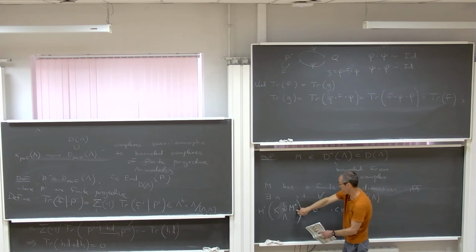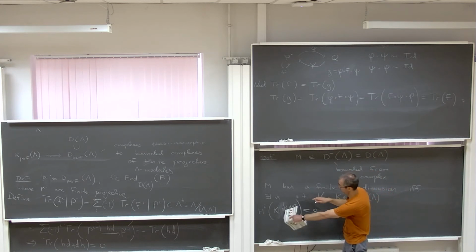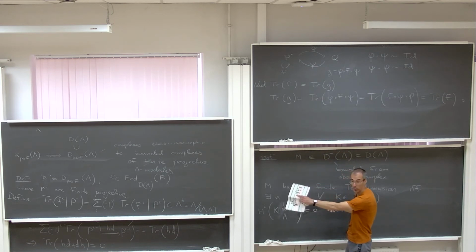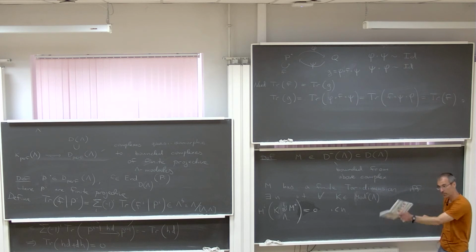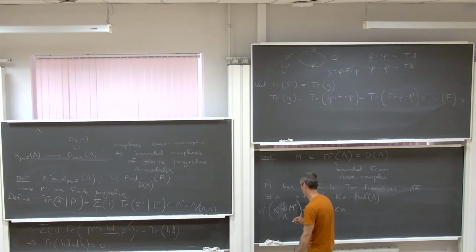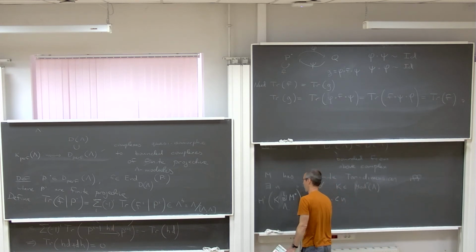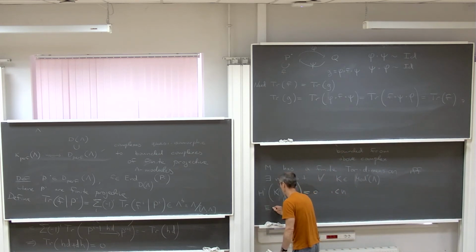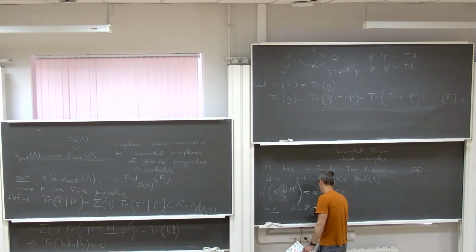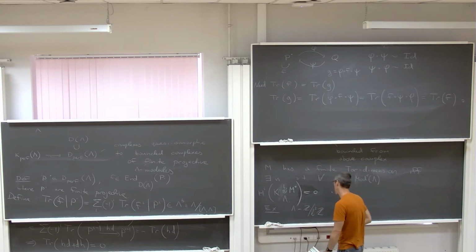I can take for K just lambda, and get that the homology of M is supported only in finitely many degrees. But it's much stronger than that.